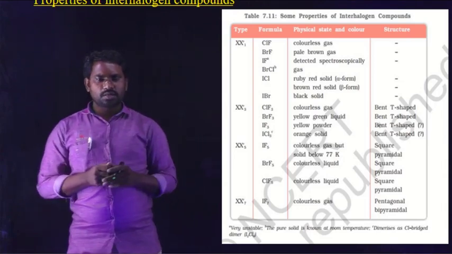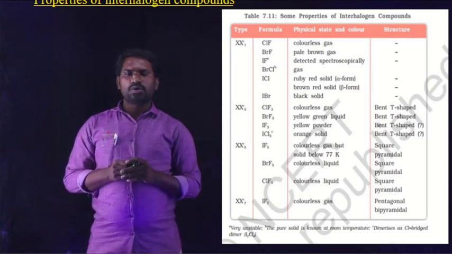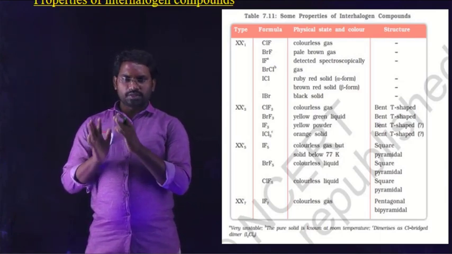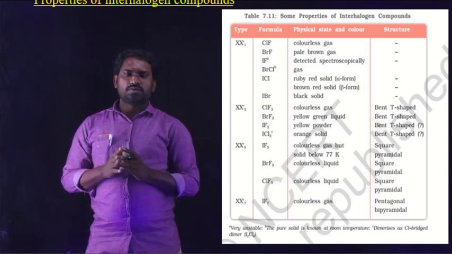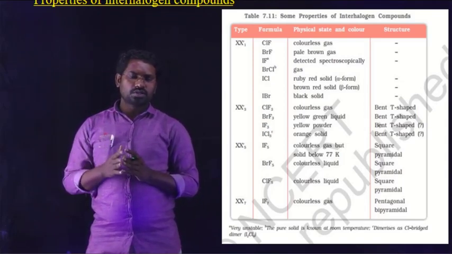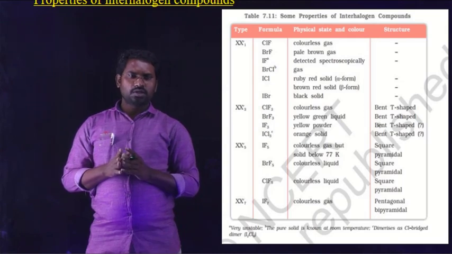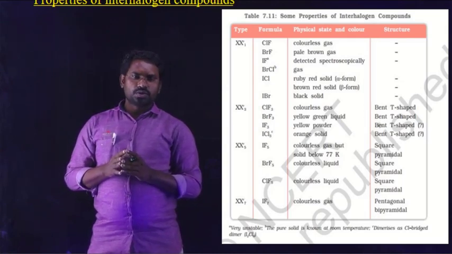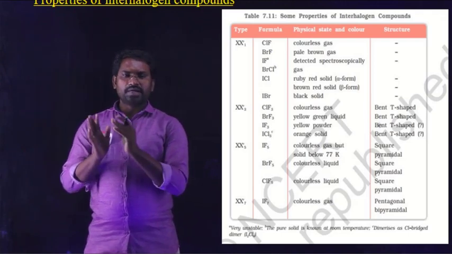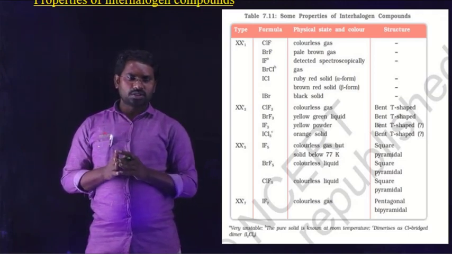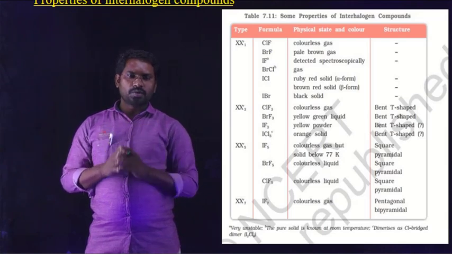Especially in examinations, ClF3 is more important. So write the preparation method of ClF3, draw the structure of ClF3, and state the hybridization involved in ClF3, these are more important. So XX3' type interhalogen compounds have a bent T-shaped molecular structure, based on a trigonal bipyramidal arrangement.